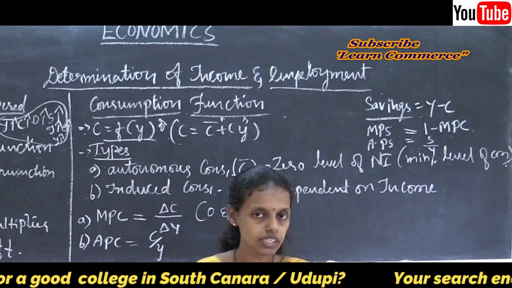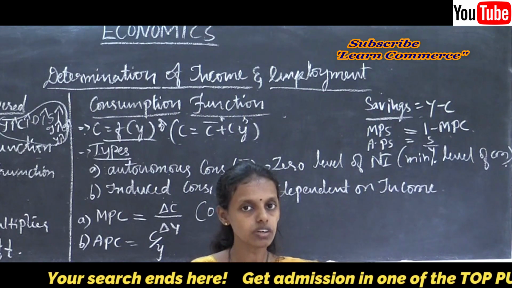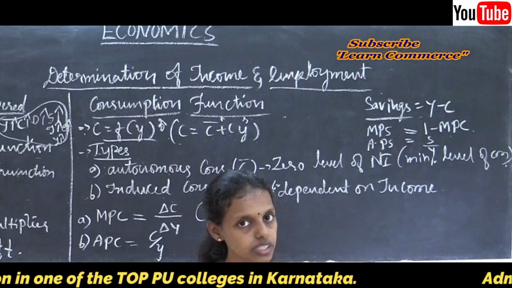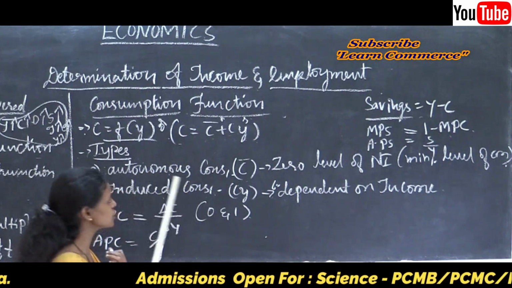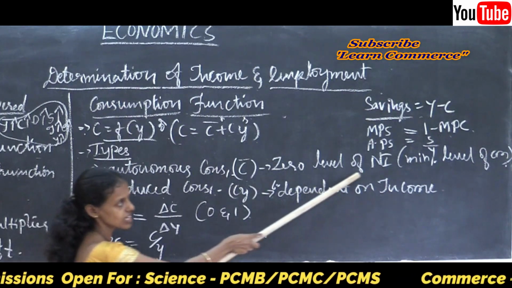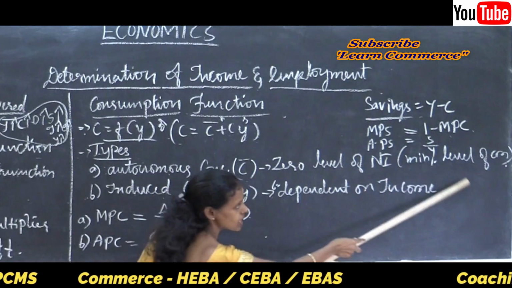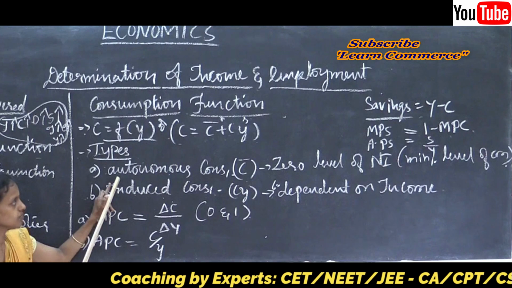People need only the minimum level of consumption for survival, not investing the whole money or consuming whatever goods they get. So this is said to be autonomous consumption, the minimum level of consumption.